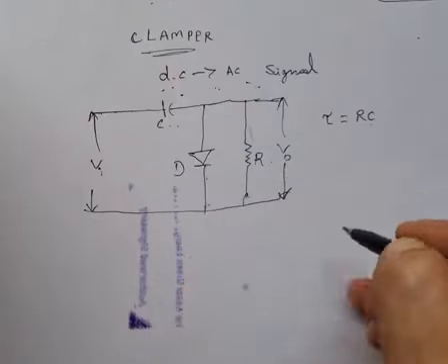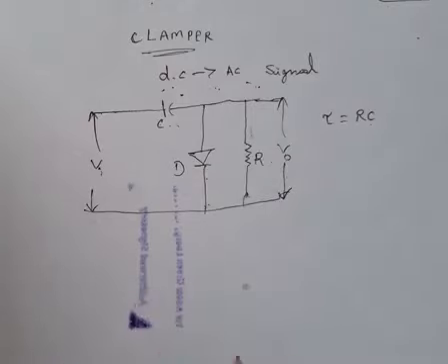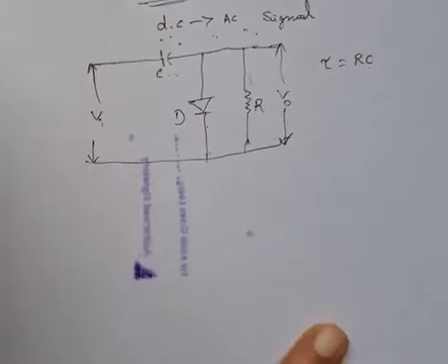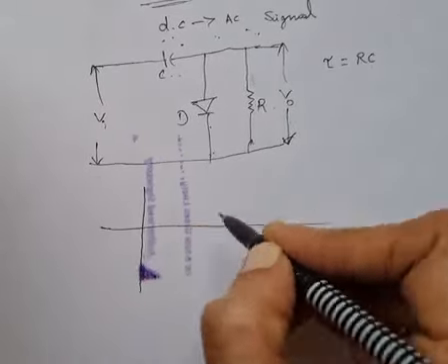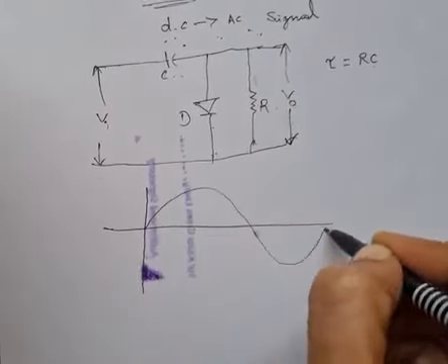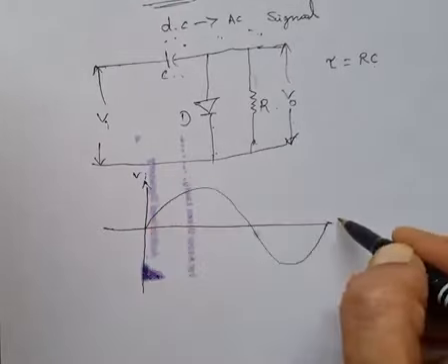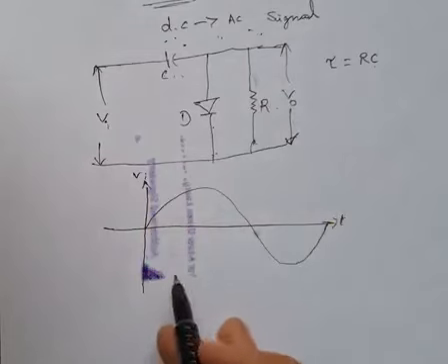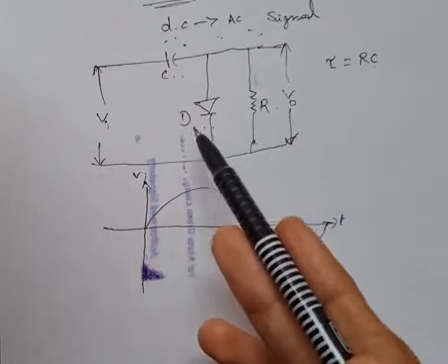We know in an AC waveform, the fundamental AC waveform we are drawing here, this is the input signal, right? In this waveform, one time the diode conducts and one time the diode is not conducting.